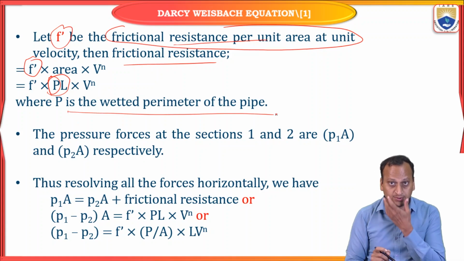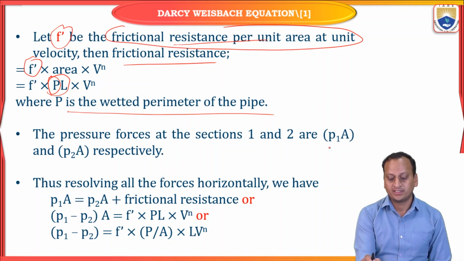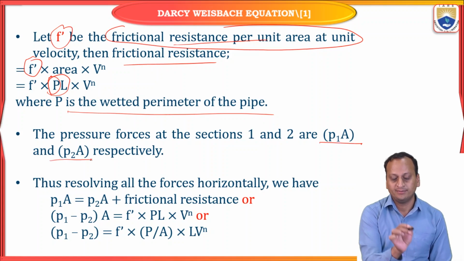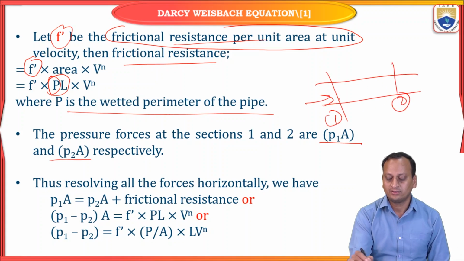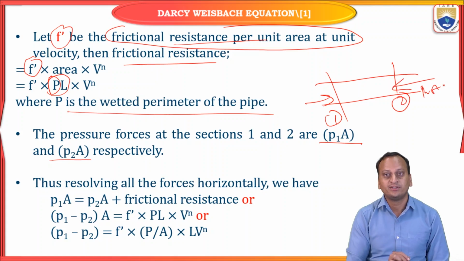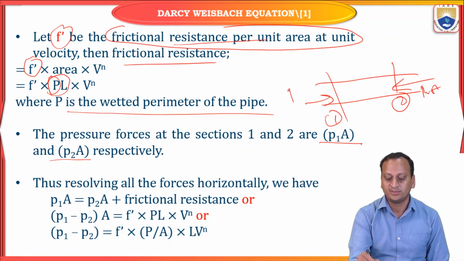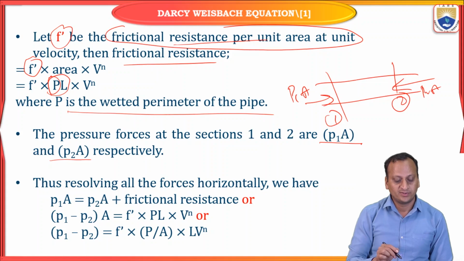Now the pressure forces at sections 1 and 2 are P1 into A and P2 into A, as we have seen in the previous slide. At section 1 and section 2 are the control volumes. The pressure force at section 2, P2 into A, is acting towards the control volume. Similarly, P1 into A is the pressure force at section 1, towards the control volume.